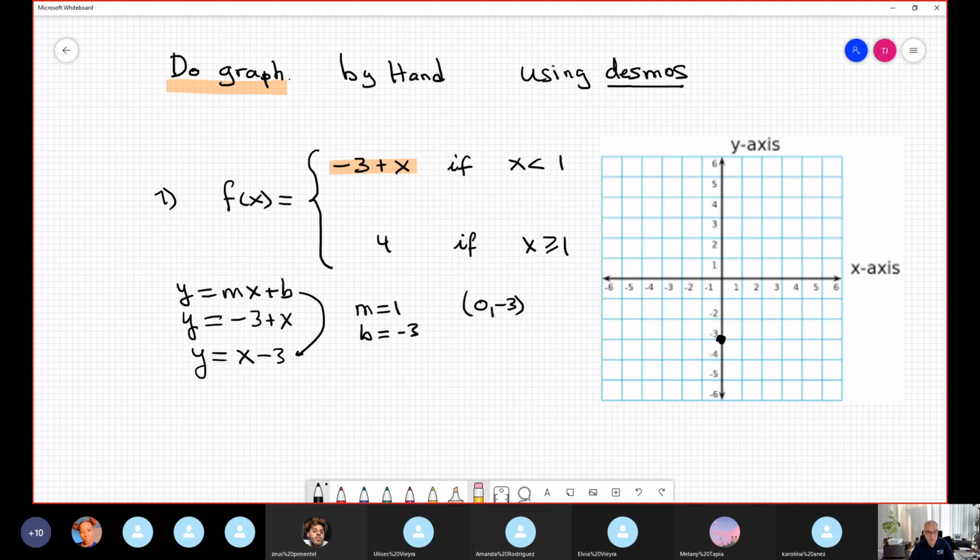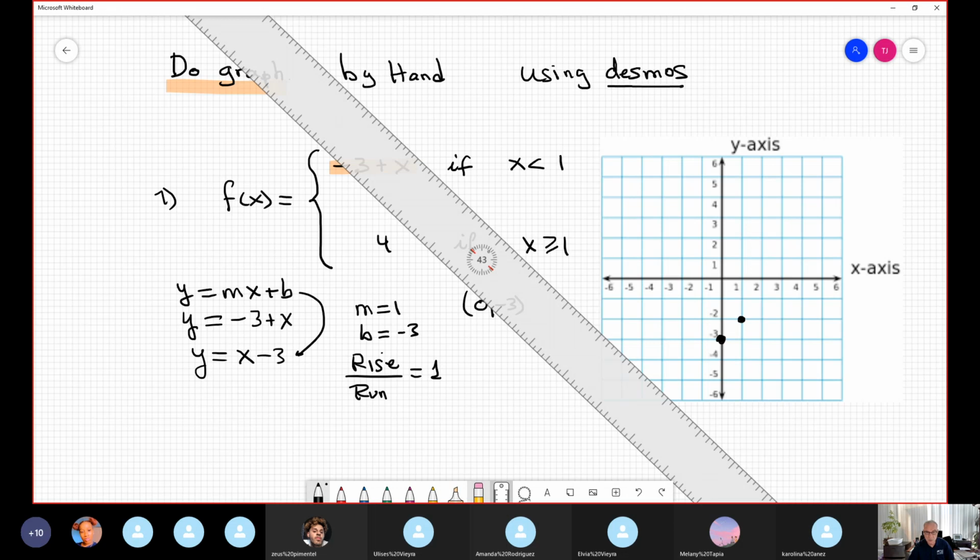And the slope is 1. Remember, the slope is a ratio between two quantities, rise and run. It's equal to 1 because rise and run are the same. So you move up 1, because it's positive, and 1 to the right, and you obtain the second point.